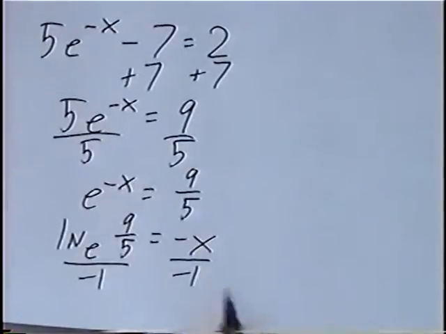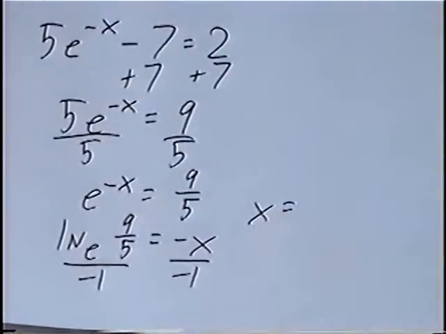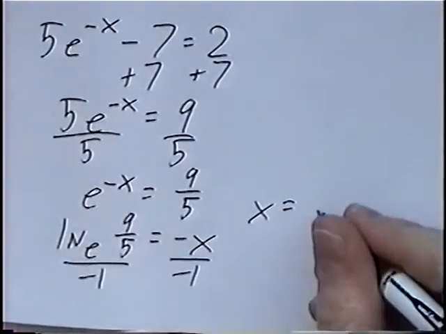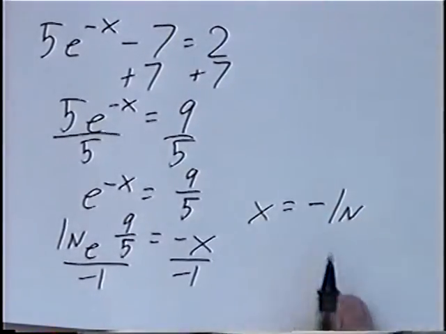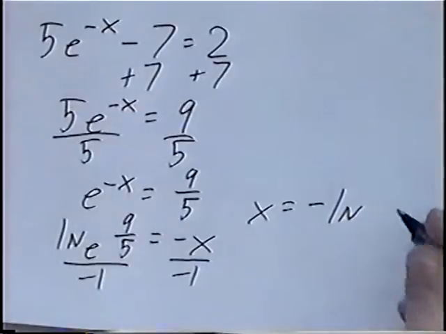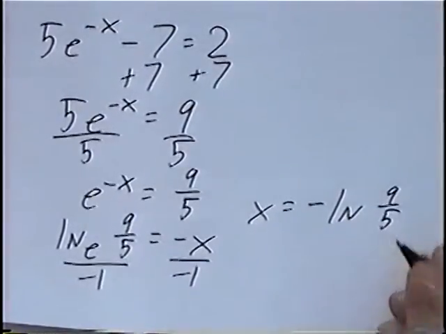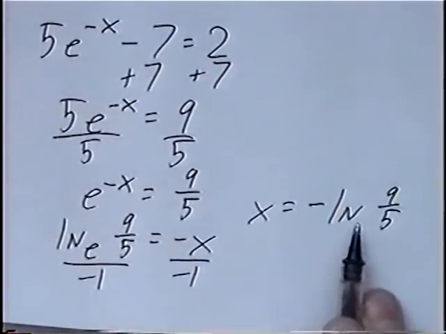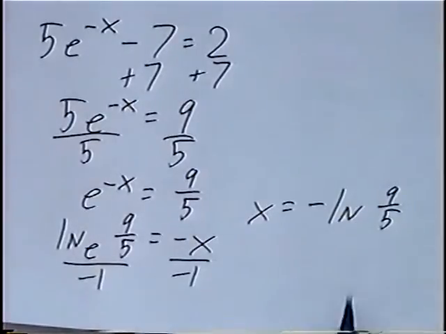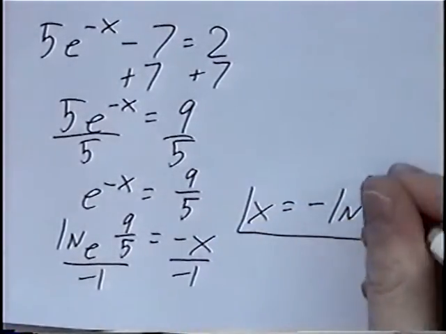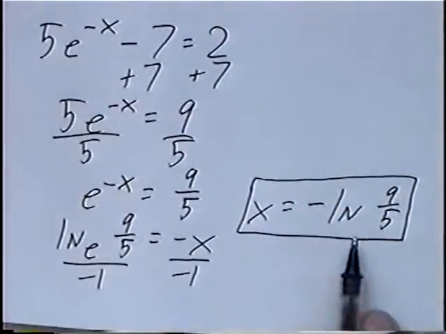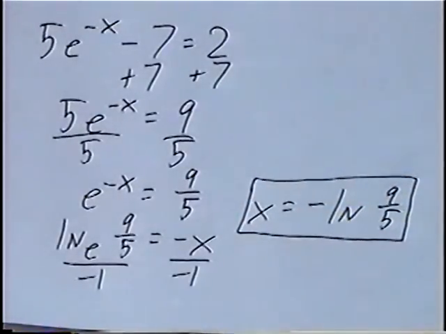If we rewrite the equation, we'll have x equals, dividing by negative, we can leave the negative outside the natural log. So we'll have x equals negative natural log of the fraction 9/5. And the base e again, we can leave off since natural logs always have the base e. So one possible answer, x equals negative natural log of 9/5.